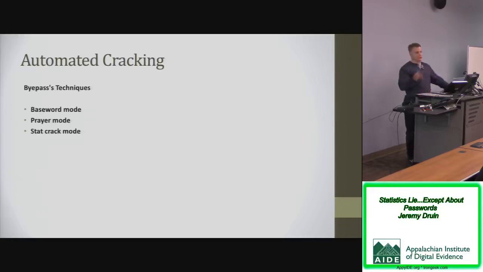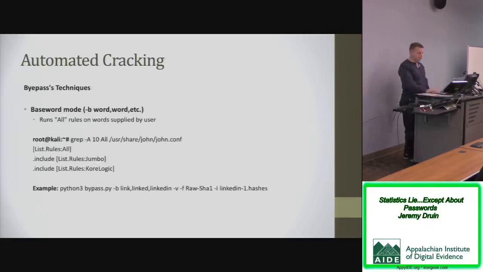Now, because it's using so many rules, you do have to be careful about how many base words you give it. If you feed it 50 base words, it's going to be a while. Because every one word you pass in, I think it creates something like a couple hundred thousand guesses or something like that. It's a huge multiplicative factor. So it doesn't take much at all to get to 1 million mangling variations.